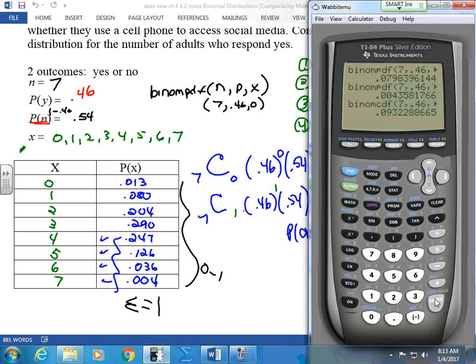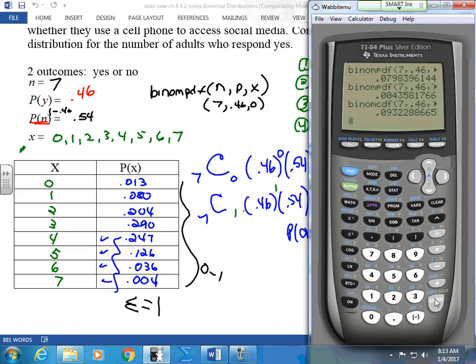You could use it for the at least. For the at least, I could do at most 3. I could do this part here and then subtract it from 1. Do you see what I'm saying? If you want to use a cumulative, just think of it as it keeps accumulating. You know when we made a table and we did the cumulative column? It just keeps accumulating it. That's what this one does. So if I wanted to do the at least 4, I could take these and add these up.